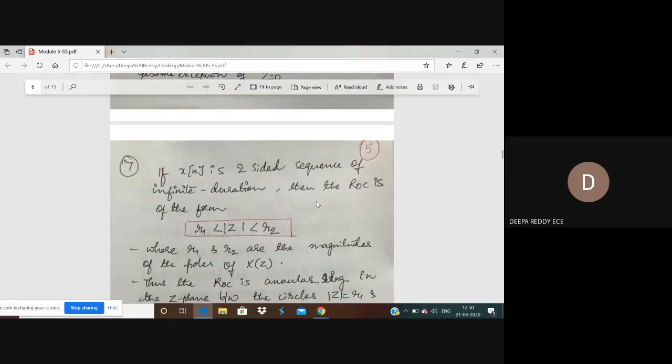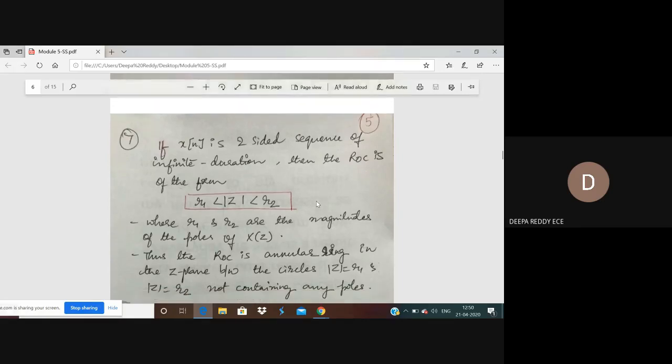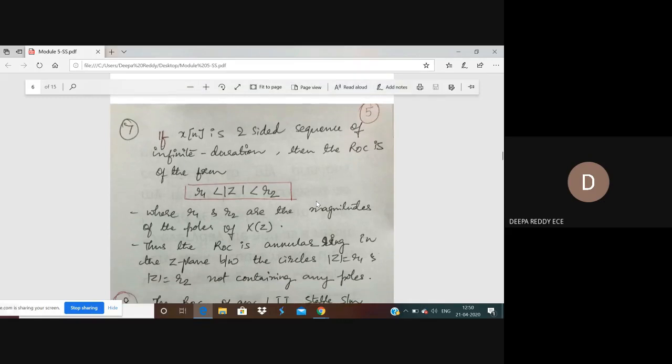So if it's a two-sided sequence, two-sided means what? It is infinite duration, but it exists on the positive side as well as on the negative side. Then the ROC will be bounded between two radii. What are those? R min and R max, or R1 and R2.